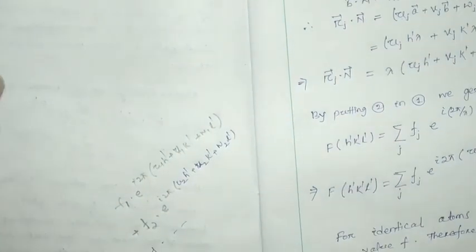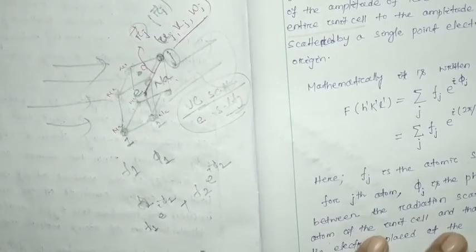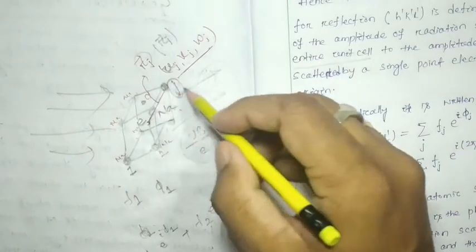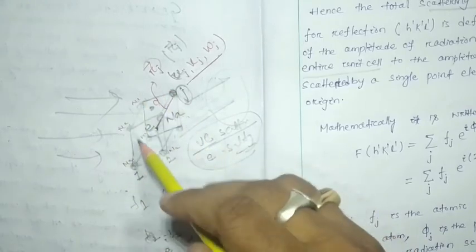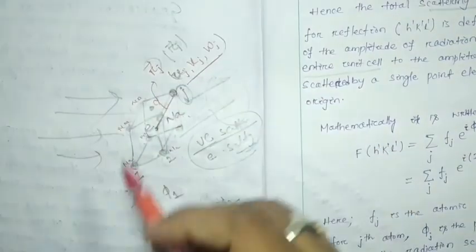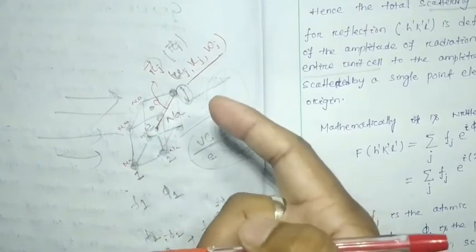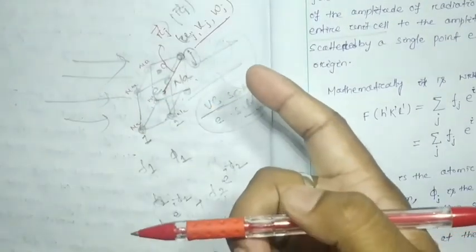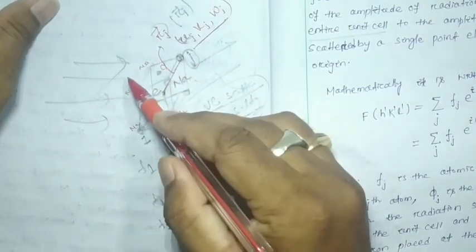Here, if we consider all the individual atoms as an FCC lattice, let all the atoms be sodium atoms. Then they have one unique atomic scattering factor, because all the atoms are the same.